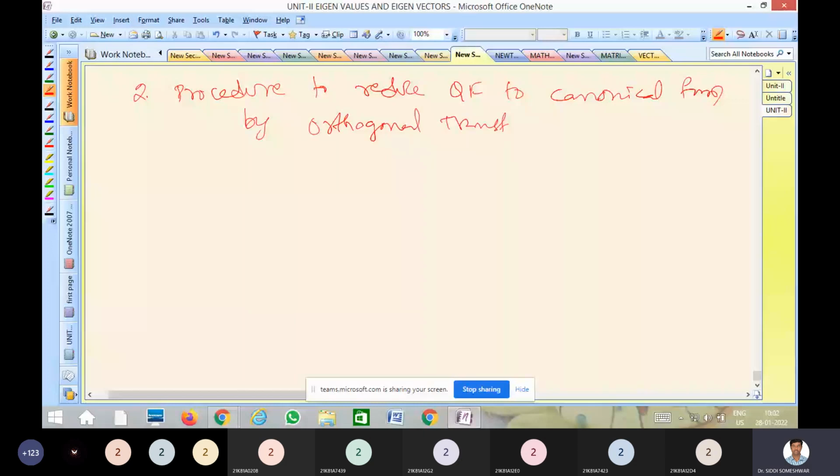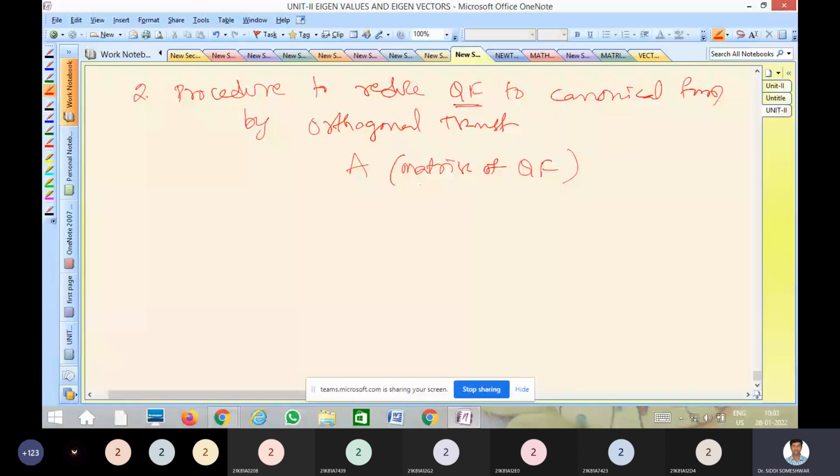Here first you have to consider the coefficient matrix capital A, that is the matrix of the quadratic form. They are not going to give you capital A; they give you the quadratic form, and you have to find the matrix of the quadratic form.